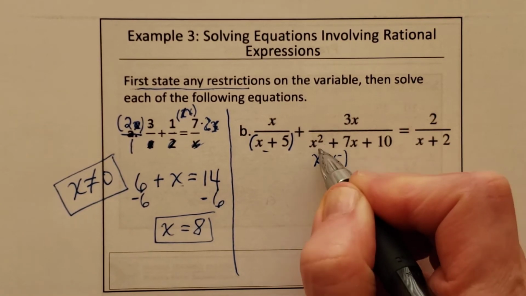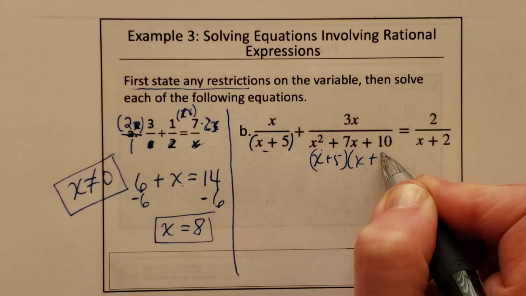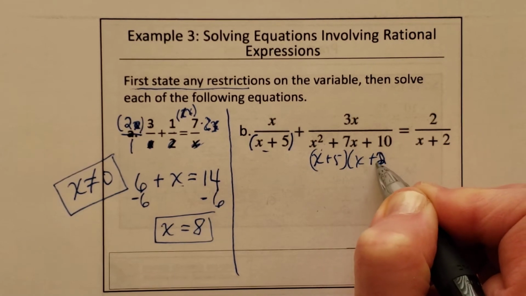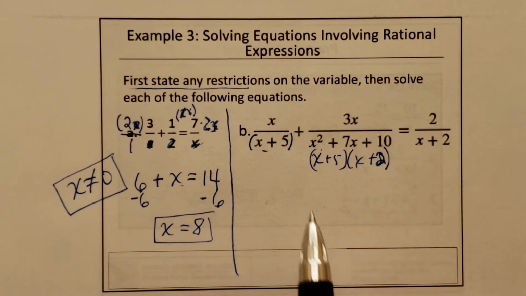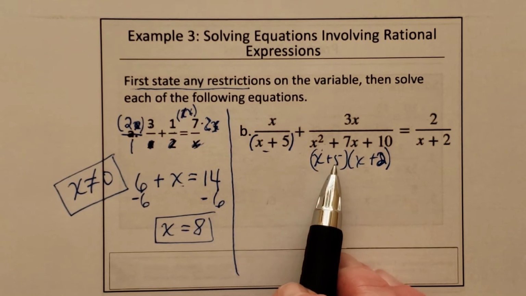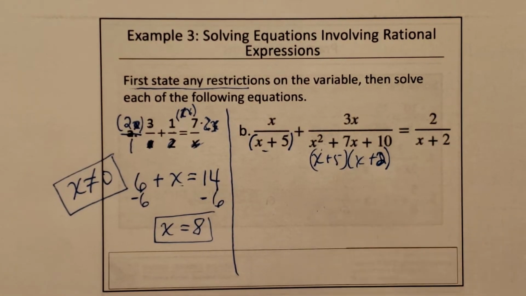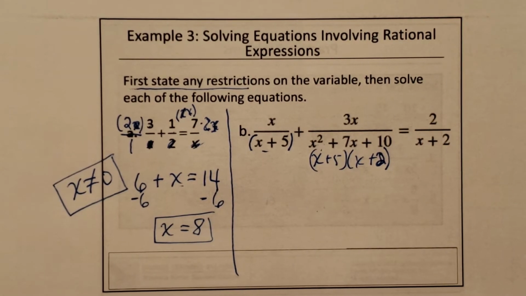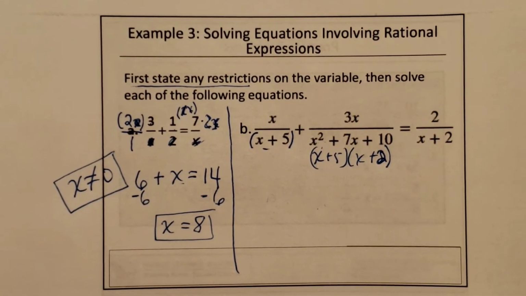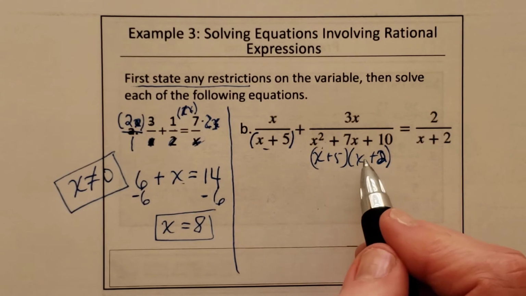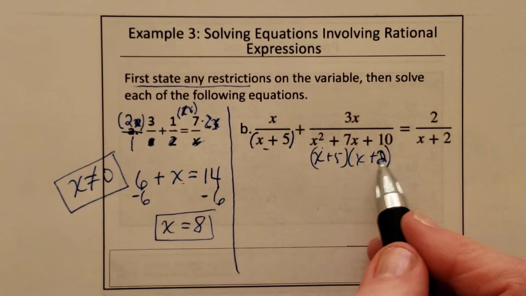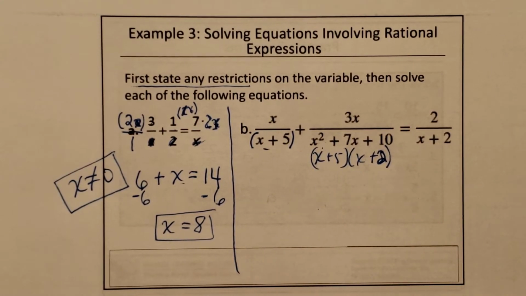Well, that would be 5 and 2. All right, so if you notice, here's half of this one. This one has both of them, and this one has half of it, right? So we're going to multiply. So anyway, this is the least common multiple because it contains each unique factor.